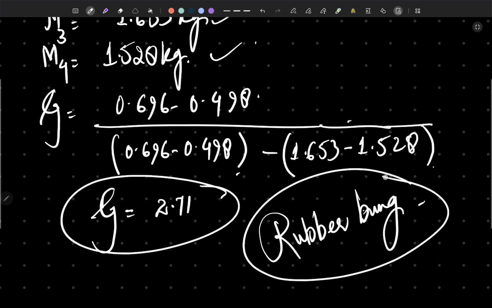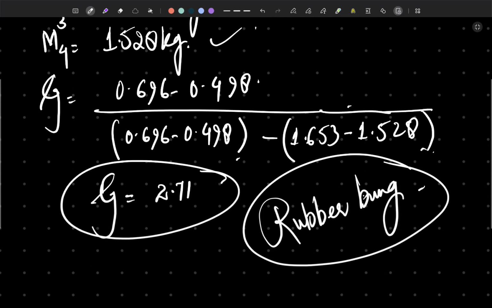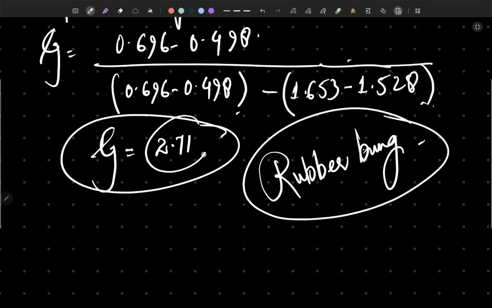In this gas jar method, this gas jar serves as a pycnometer. Rest everything is same. We have used the same generalized equation as we use for the pycnometer method, and we found it to be equivalent to 2.71. So this was about this question. Moving on to the next one.